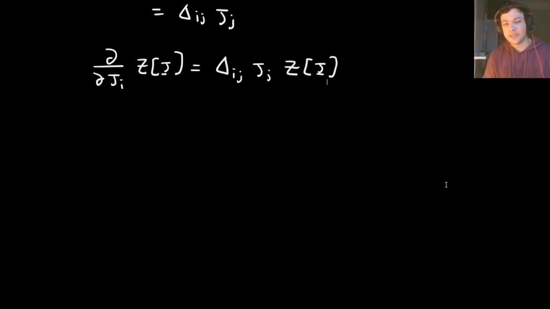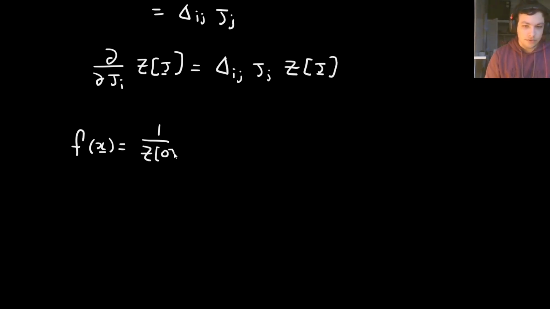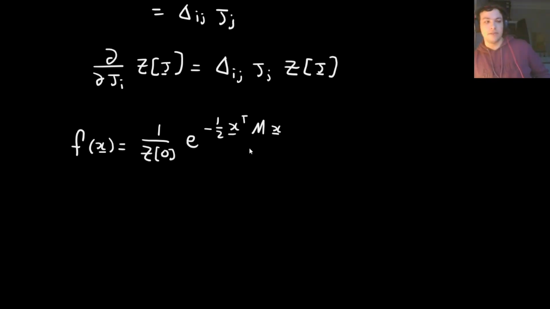We can now transfer this over to functionals easily. So what we're going to do is have a probability distribution in n dimensions, f of x equals 1 over Z_0 e to the negative half x transpose M x. This is a perfectly valid probability distribution. It's just an n-dimensional Gaussian distribution.